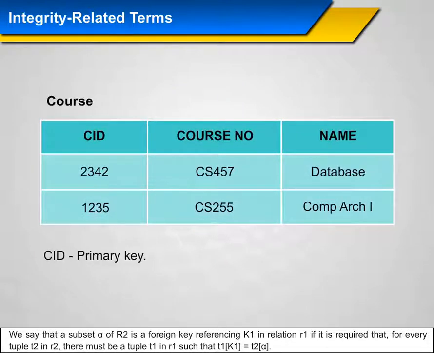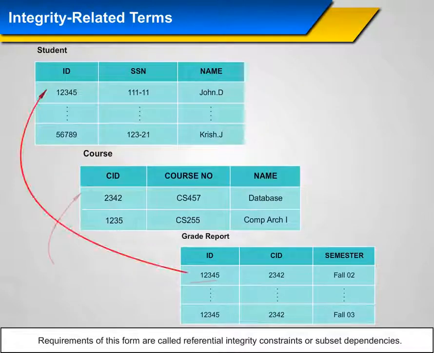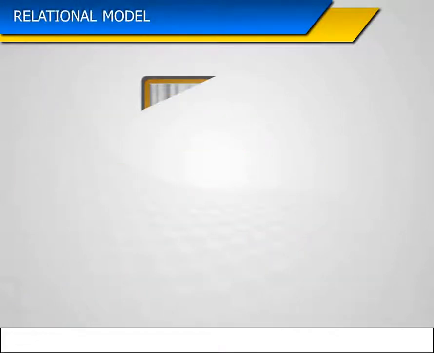We say that a subset alpha of R2 is a foreign key referencing K1 in relation R1 if it is required that for every tuple T2 in R2, there must be a tuple T1 in R1 such that T1 of K1 is equal to T2 of alpha. Requirements of this form are called referential integrity constraints or subset dependencies.